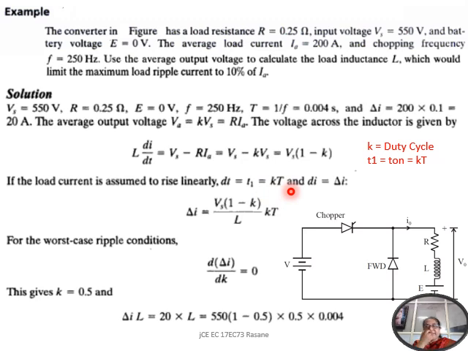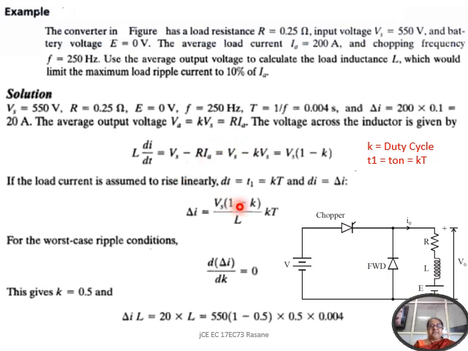We know that the change of current di is equal to the ripple current, delta I. So delta I can be represented as Vs into 1 minus K, with L coming down, into T1, and T1 is your KT.